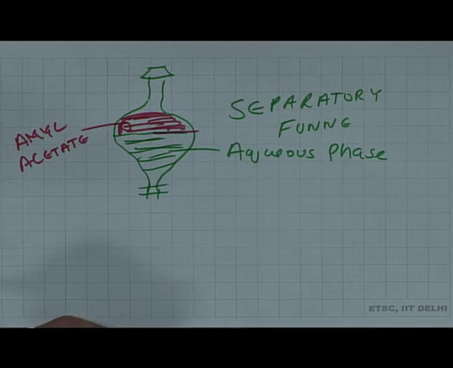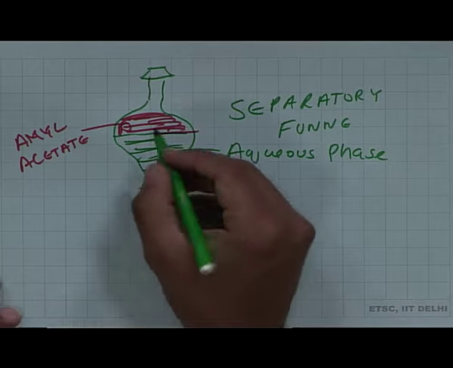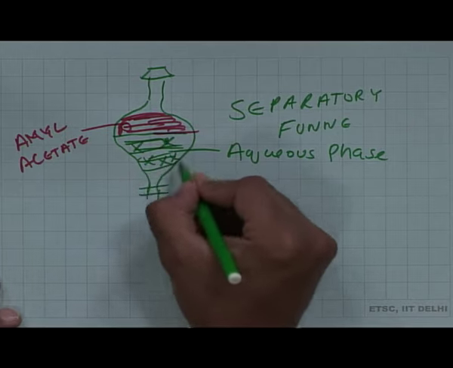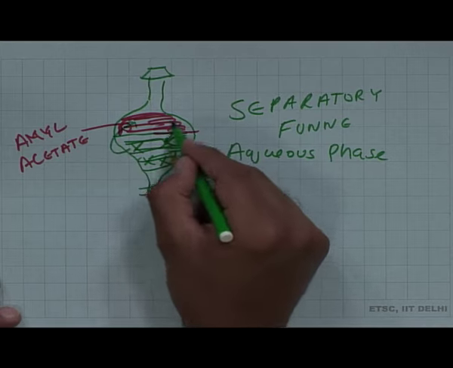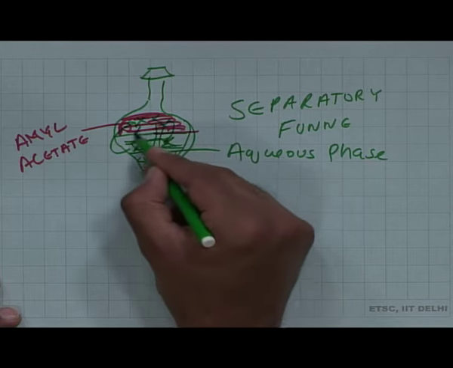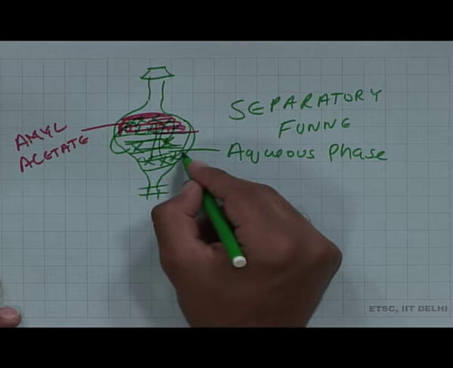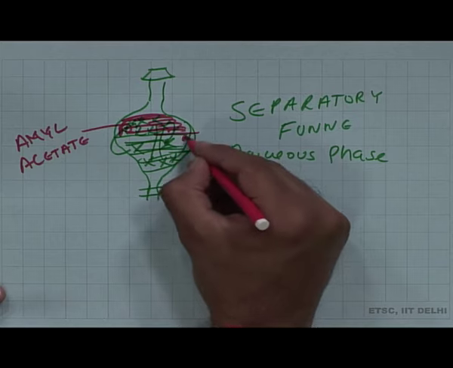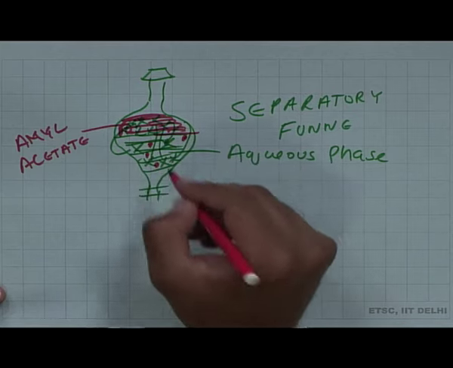And what will happen is your penicillin molecules which are here, I will make them as crosses, this penicillin molecule will move here. While your glucose, which is dots, will remain here.